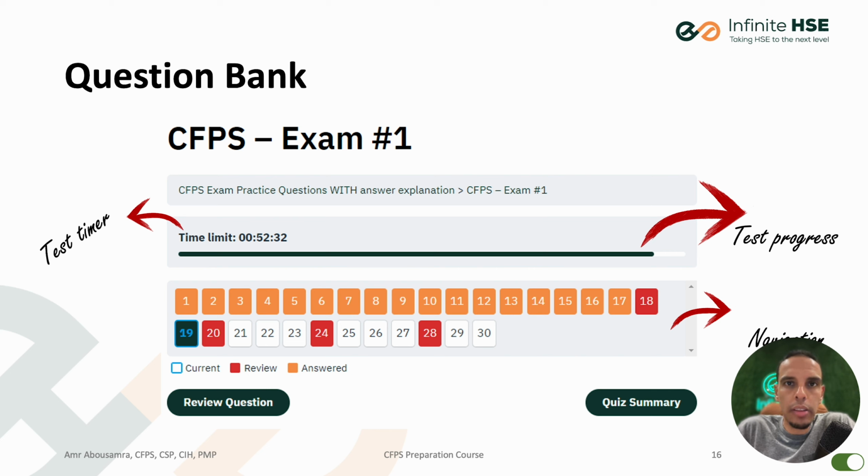On top of that, the question bank gradually starts with 30 questions, then 50, then 70, all matching the exact time of the exam. That means 30 questions you have to finish within 1 hour, 50 questions within 1.5 hours, up to 100 questions within 3 hours.